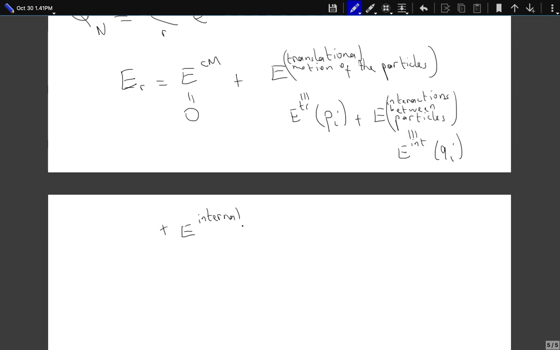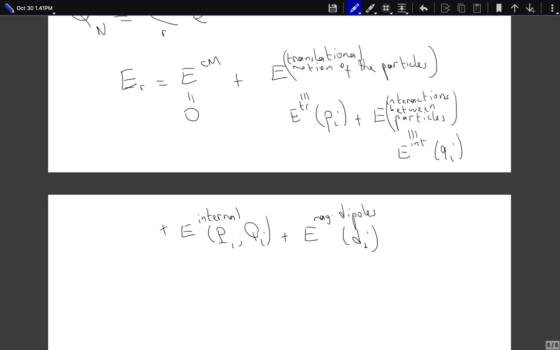Let's say that the degrees of freedom, let's just label them capital P_i and capital Q_i. These are the internal degrees of freedom. Plus, there might be some external fields, and they can be in dipoles, the energy due to the magnetic dipoles. And this will be a function of, let's say, d_i, the dipole of each particle, and of course the external field.